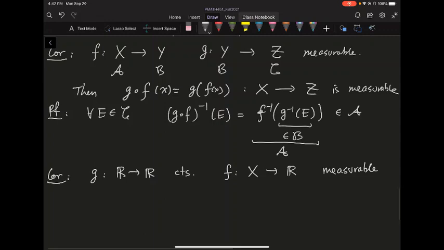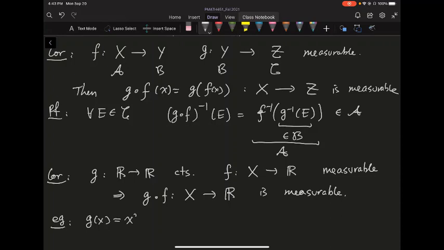Then because the continuous function g is measurable and f is measurable, their composition g composed with f, which is a function from X to R, is also measurable. So for example, if you take g of x equals x squared, then this tells you that if you have a function f that is measurable, then f squared of x is also measurable. Of course, here f is itself measurable.